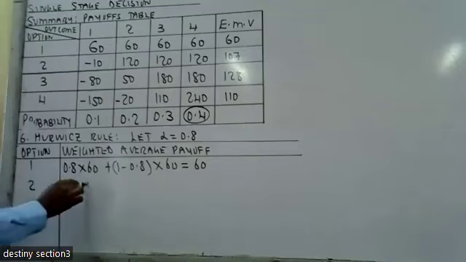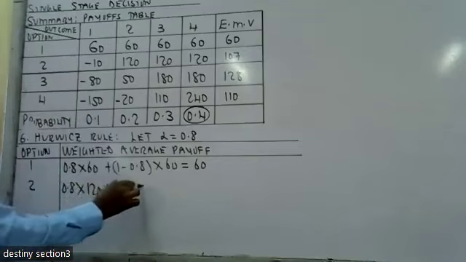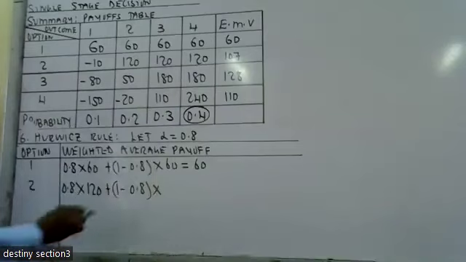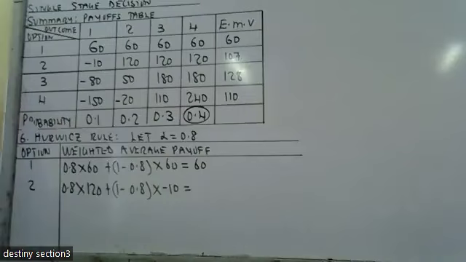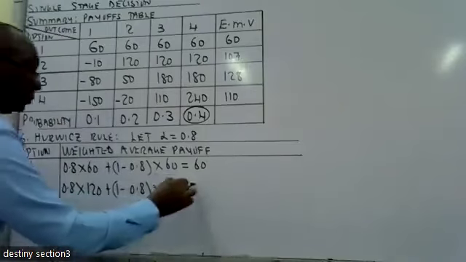The best there is 120 plus 1 minus 0.8 times the worst. The worst there is minus 10. That gives 94.